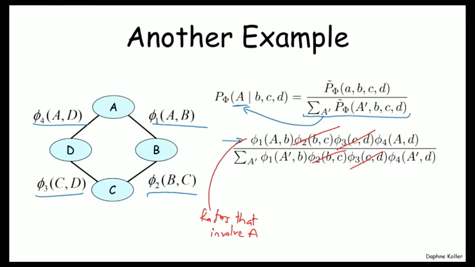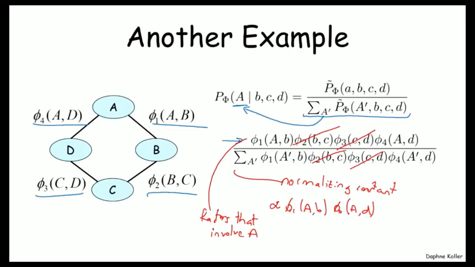Well, that's for the numerator. What about the denominator? Well, the denominator is just our good old normalizing constant. So really what we have here is that this is proportional to phi1 of A, little b, times phi4 of A, little d.